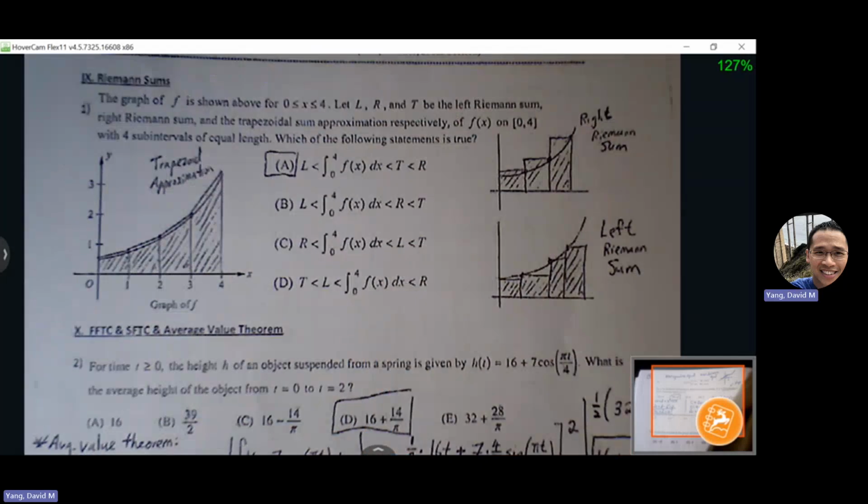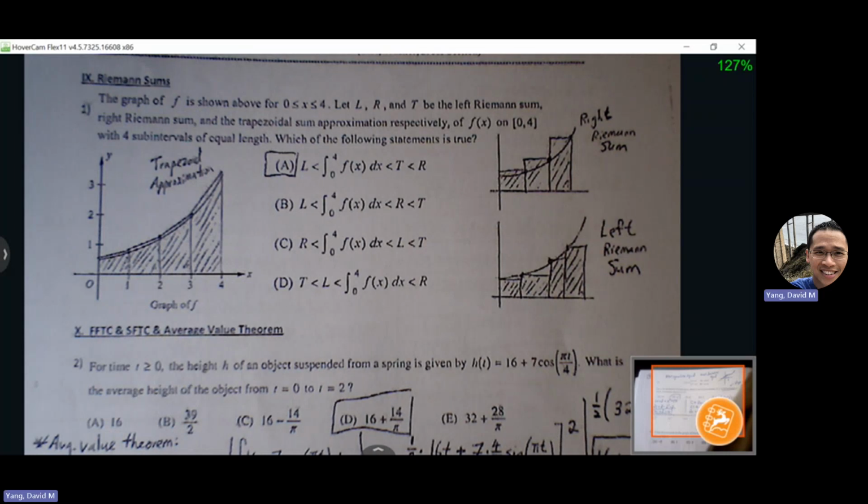Oh, well, it's only asking for a trapezoid approximation. And it depends if your graph is... so the graph that is shown to us is concave up, right? Right, concave up.